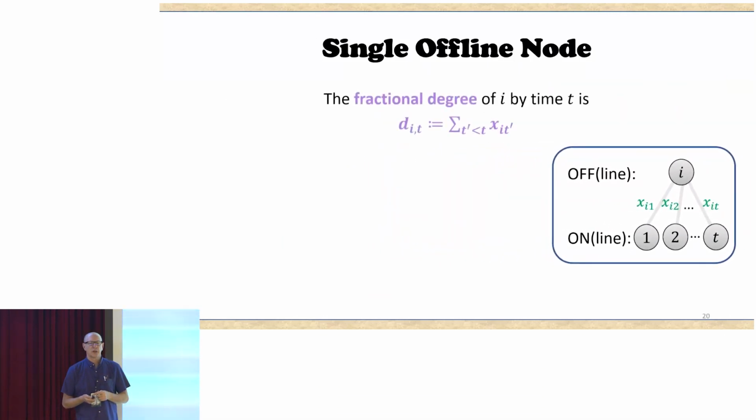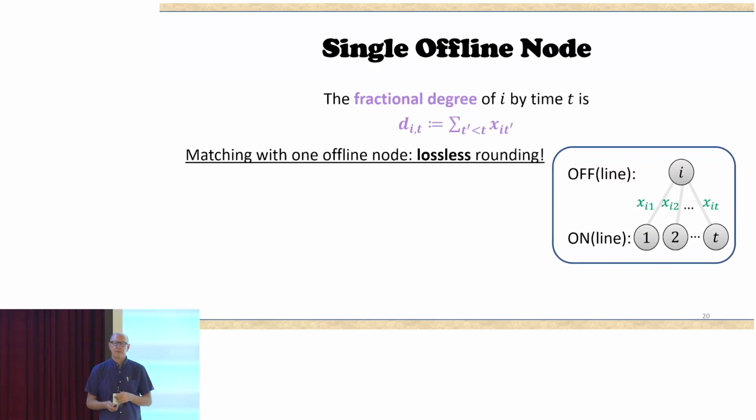Let's say the fractional degree just before the arrival of time t is d_it. For this special case, we can actually get lossless rounding.